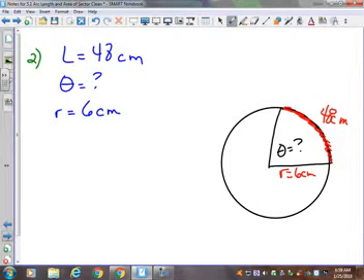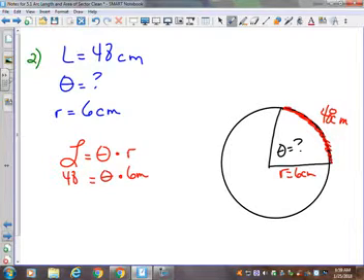So if I take the formula we just discussed about arc length being theta times r, then you're looking for theta, you have 6 centimeters to plug in for r, you have your 48 centimeters, and you can divide by 6 centimeters.